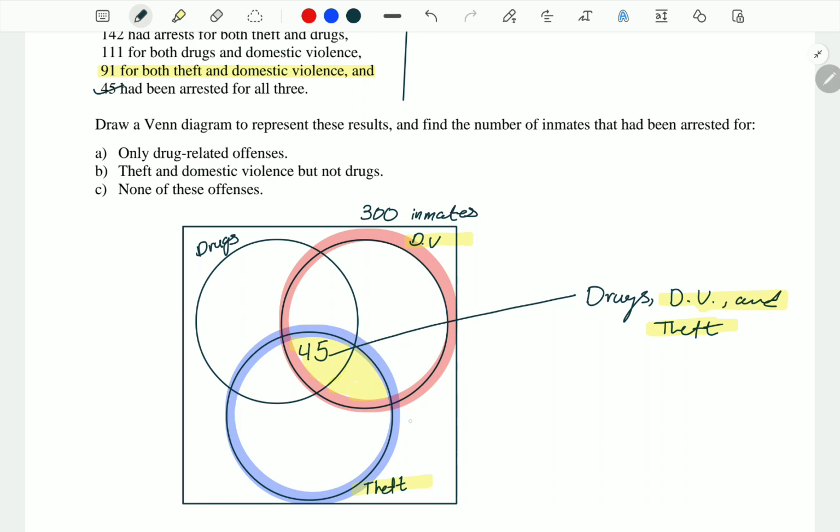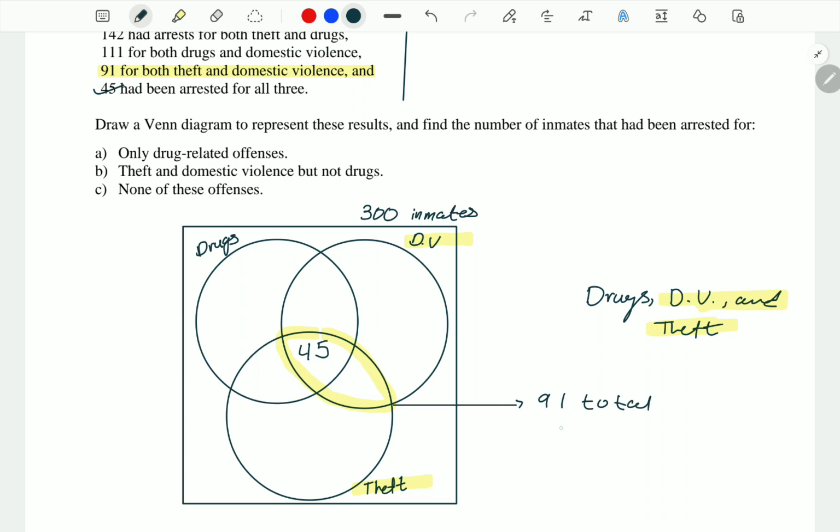So the sum of the highlighted area right here is 91. So this part, we'll put it in a red highlighter for this one. Actually, we'll put it in yellow highlighter. This part here adds up to 91 total.